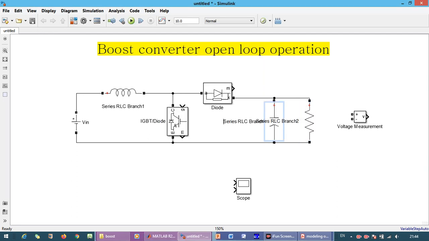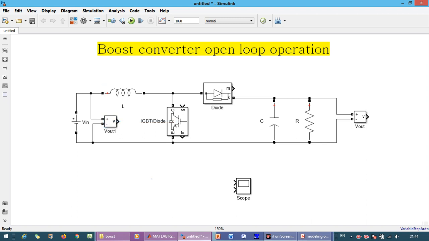See, this is load resistance R, and this is inductor, and this is V out. We are just measuring the output voltage, and we are just measuring the input voltage.